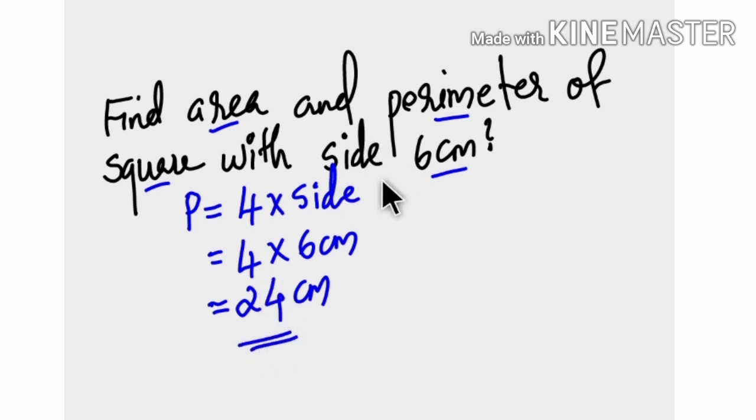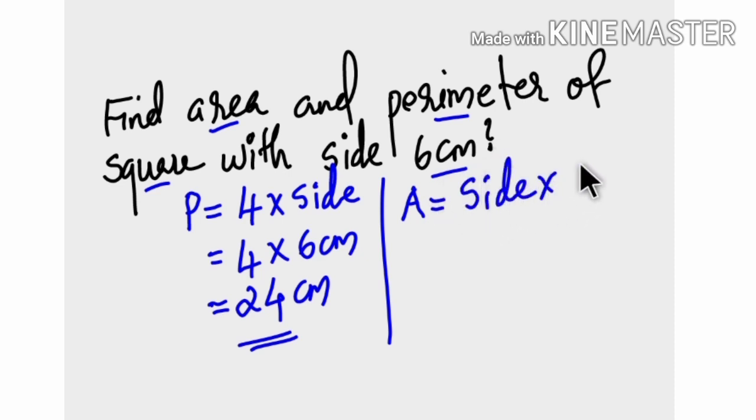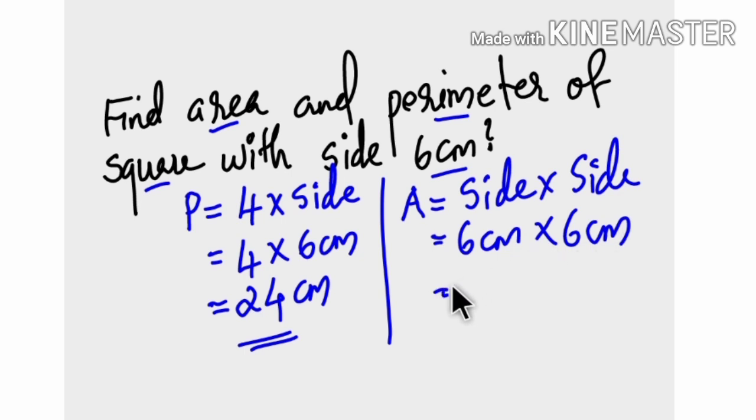Okay, now let's find the area. For finding area of square, we have equation area of a square is equal to side into side. One side is 6 cm, so 6 cm into 6 cm. 6 into 6 is 36 centimeter square.